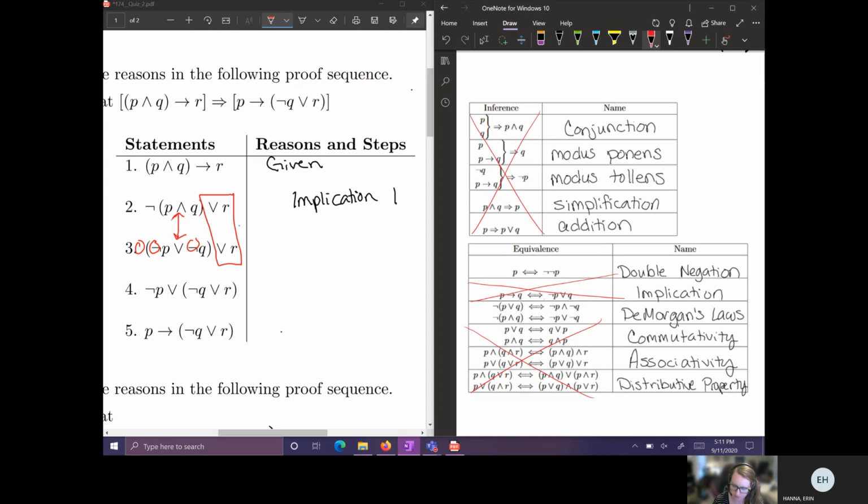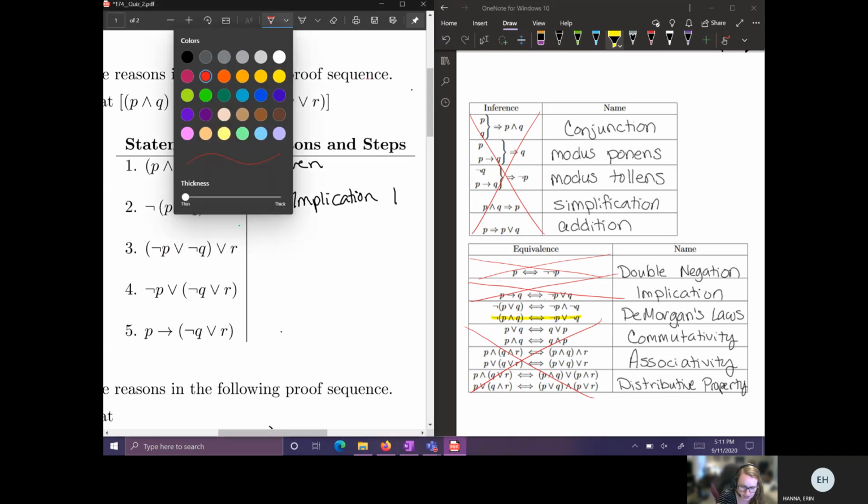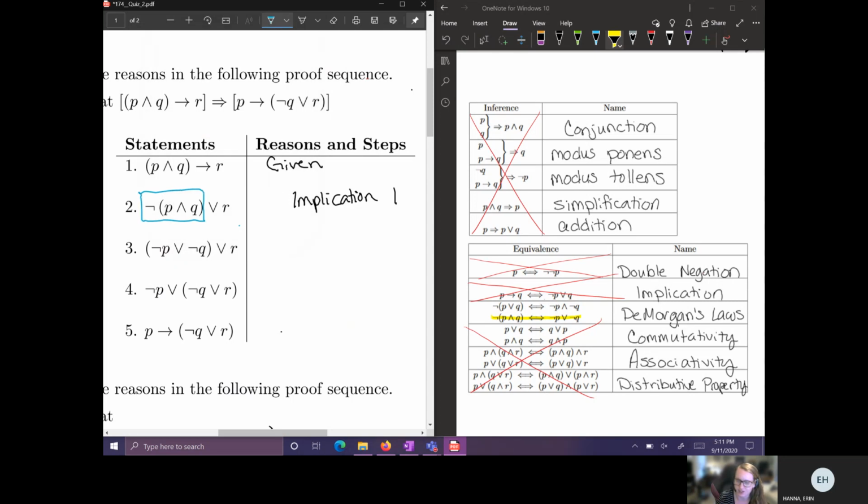Well, we have something more complicated than what's going on in double negation, so we must be in De Morgan's case now. So let's double check that that's actually what's happening here. Well, in De Morgan, we have two options. Either we start with an and or we start with an or. And we started with an and, so let's make sure that it follows the correct pattern it should. Now, this one's nicer because it looks exactly like De Morgan's.